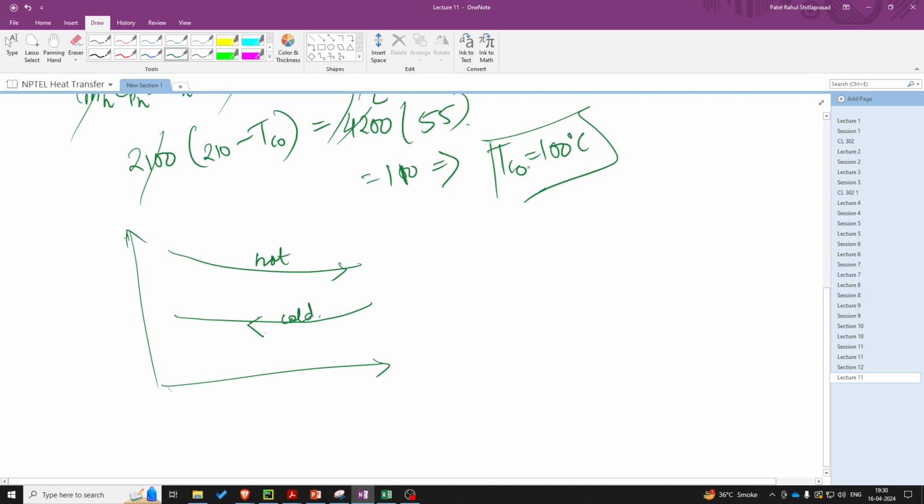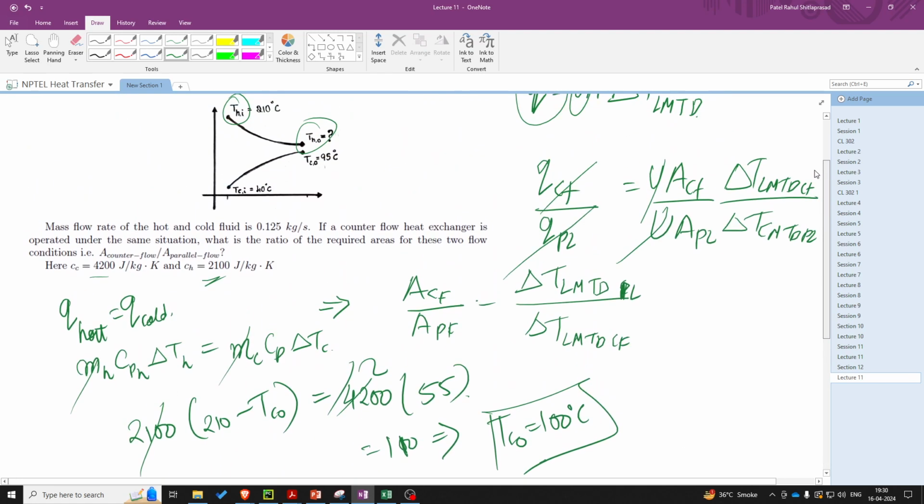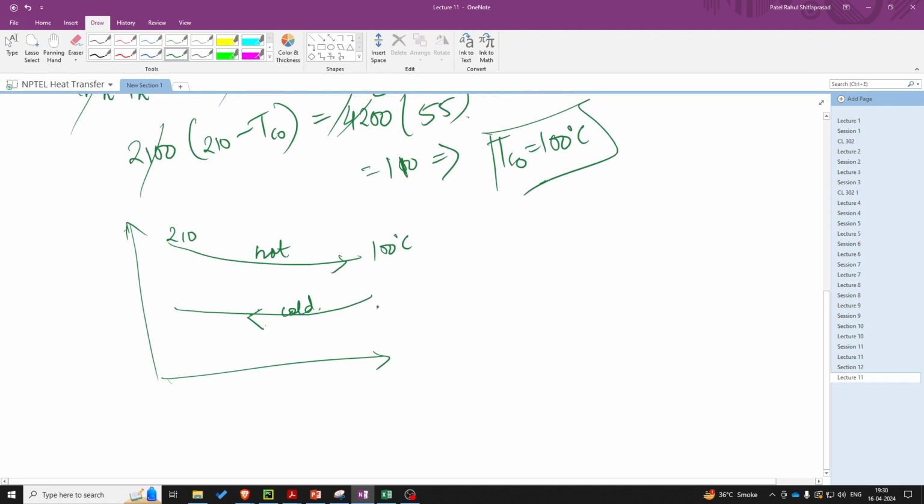So we saw that the hot fluid will go from 210 to 100 degrees Celsius, whereas the cold fluid temperature will rise from 40 to 95. So if we take a look at this, delta T1 over here will be 210 minus 95, that is 115.